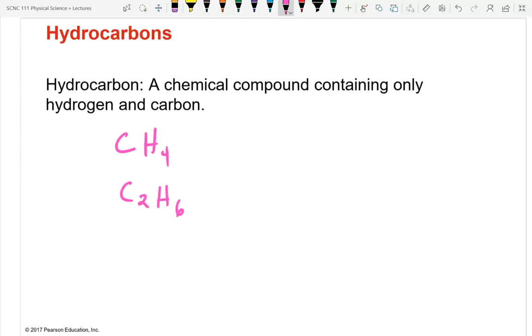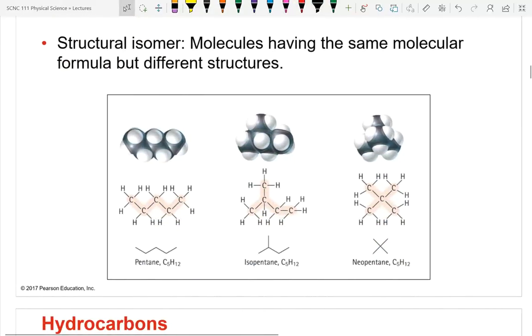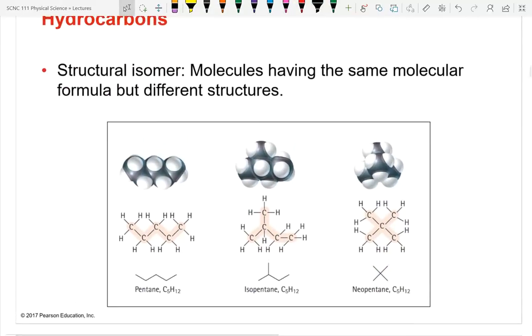And, you know, other things. There's lots of different variations. They're just carbon and hydrogen. So here are some examples. These are all pentane. They all have pent, meaning 5. Ane means they're all single bonds between the carbons. So pentane means we know we have 5 carbons and it's all single bonds between the carbons.